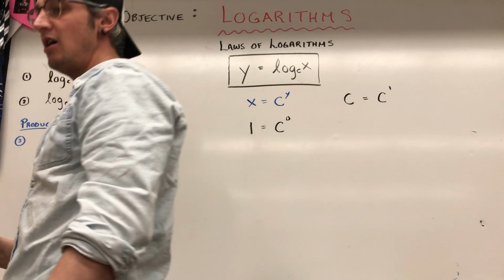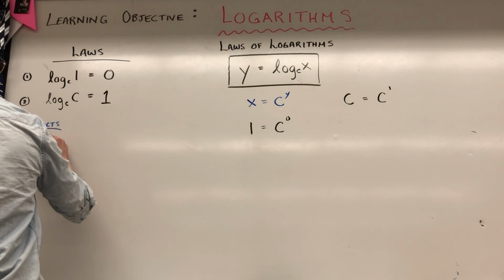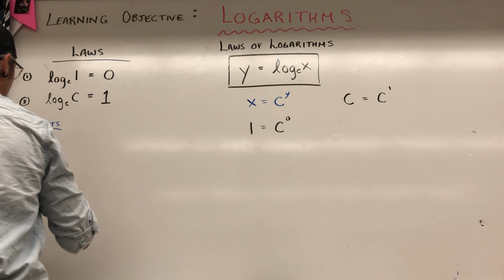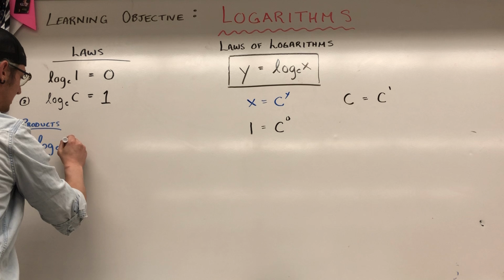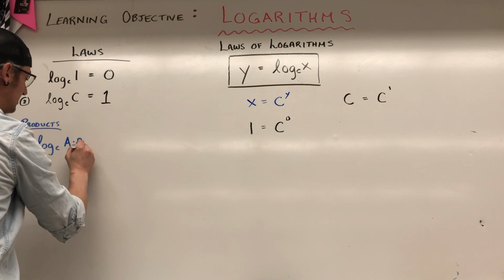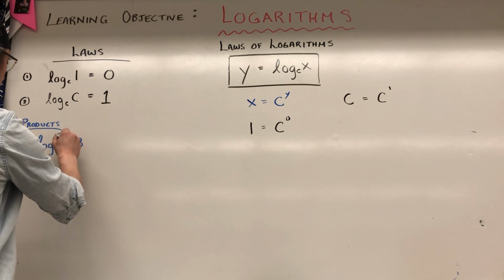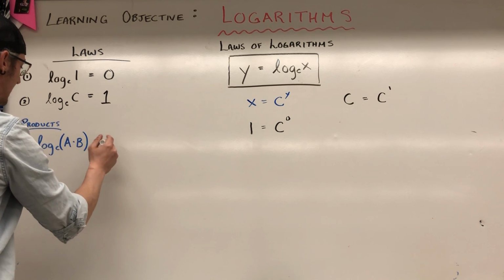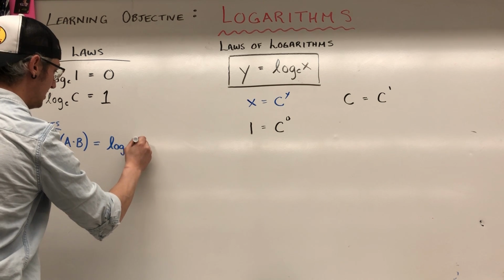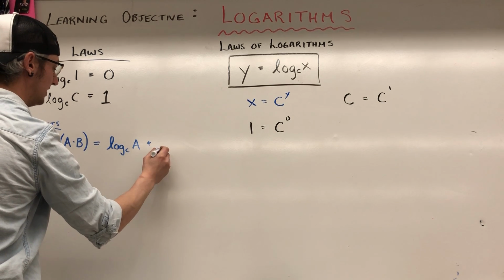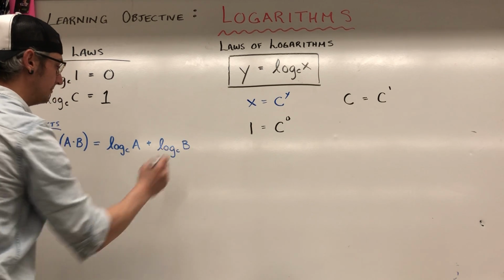And the law of logarithmic products tells me that the log of some base, any base, of two numbers, a times b, so just any two numbers, I can rewrite that as log base c of a plus log base c of b, okay?